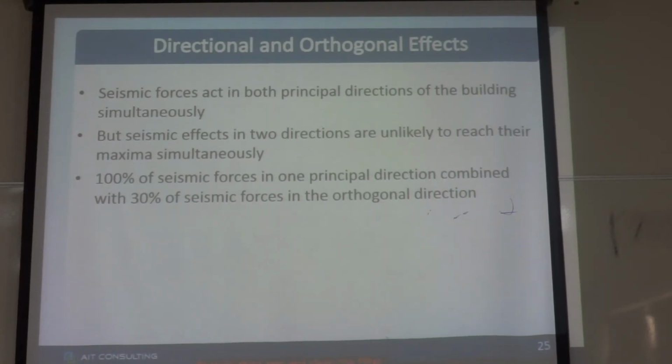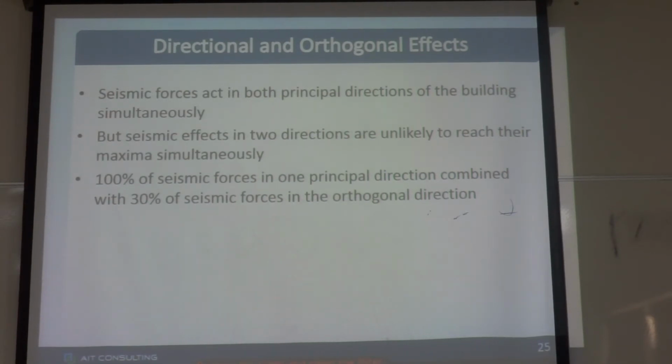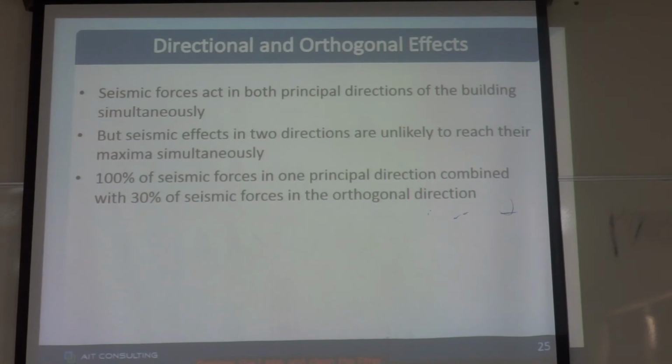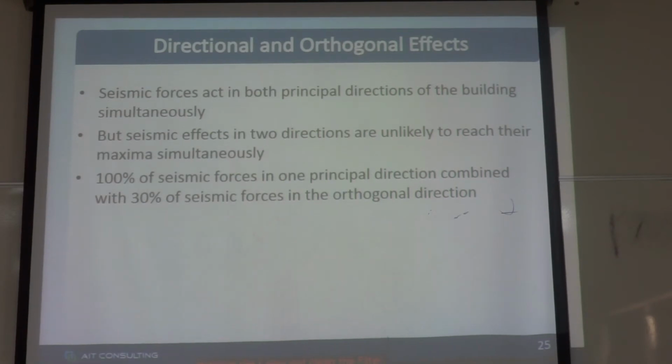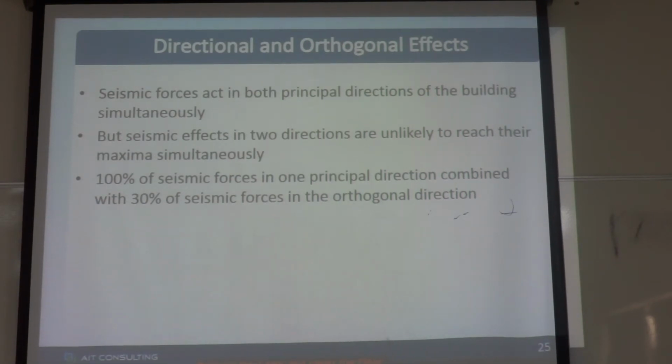When we do the seismic design, we have to consider the directional and orthogonal effects. Seismic forces can act in two directions simultaneously, but they will not shake the building with the maximum acceleration at the same time.